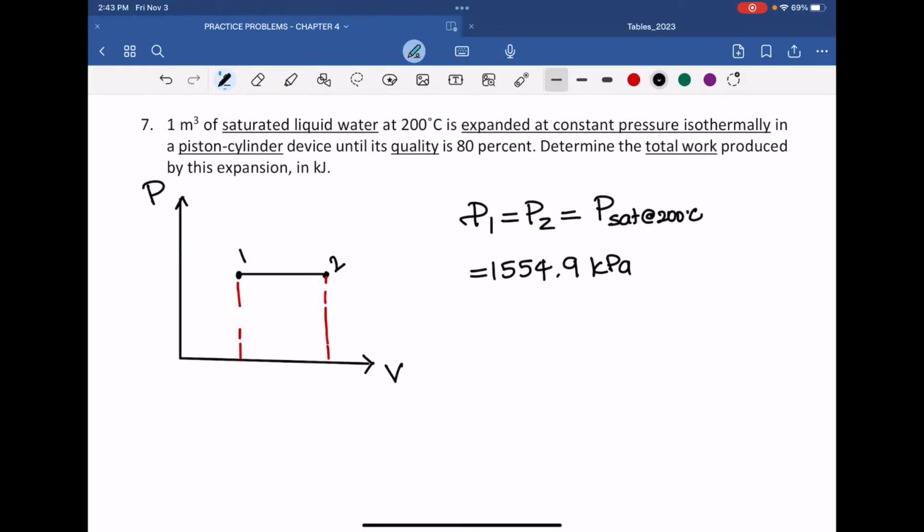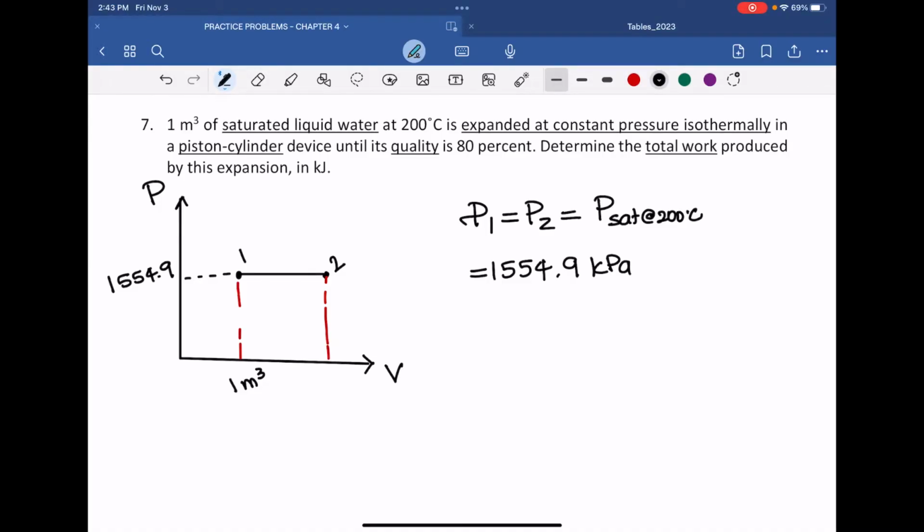Now this is our pressure, so we can write it. Now we need to find the volumes. The first volume is given, it's 1 meter cube. Okay, but we don't know the second one, and we need to find it. So how can we find that?